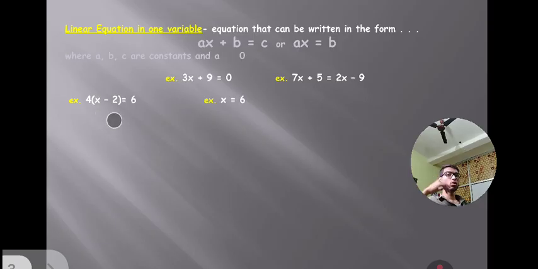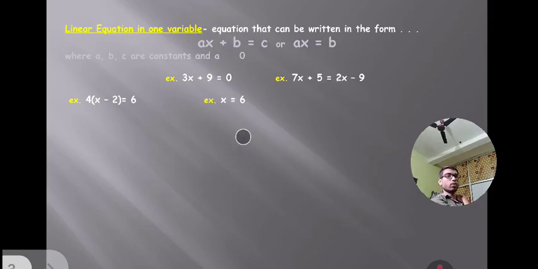First of all, you will have to solve this. 4x minus 4, so 2 would be a constant number. 4 is a coefficient, x is a variable, 6 is a constant number. x is equal to 6.